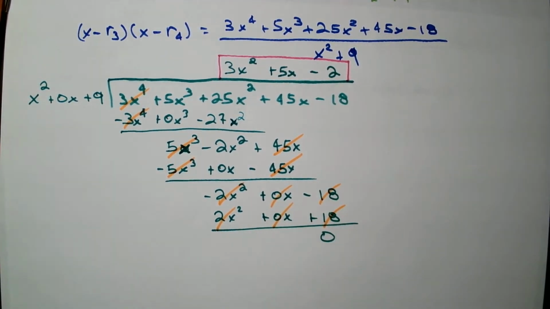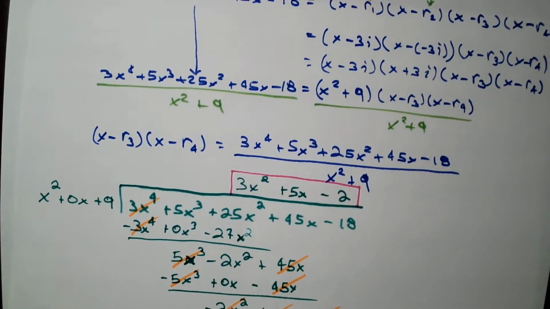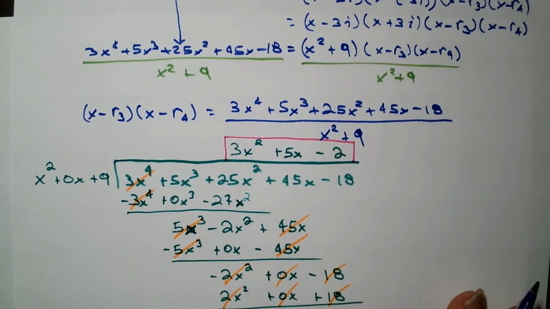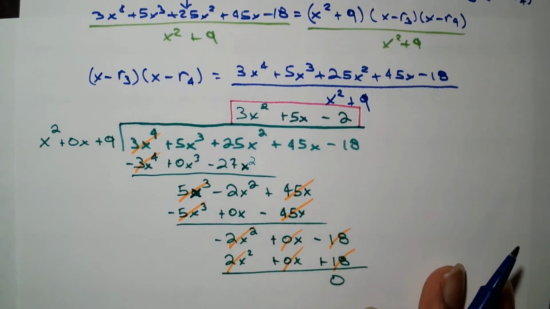All right. So now h of x, let's go back to the original problem. I'm not going to write this huge polynomial. I'm going to write what I have in terms of factors.